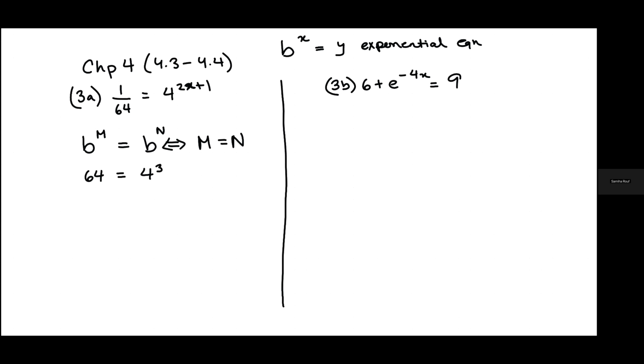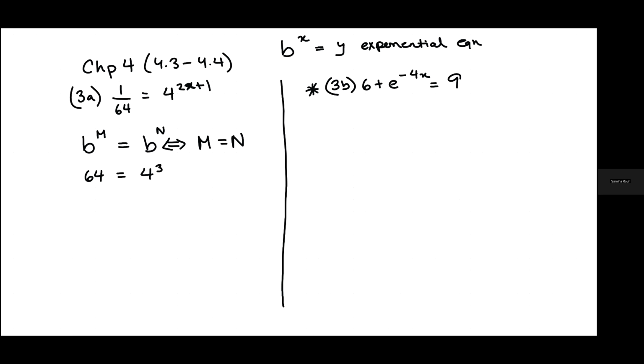If it can be evenly divided, for example, here 64 can be evenly divided by 4 three times, therefore 64 can be written in base 4. If that's not possible, then you most likely have a scenario as you would see in 3B.